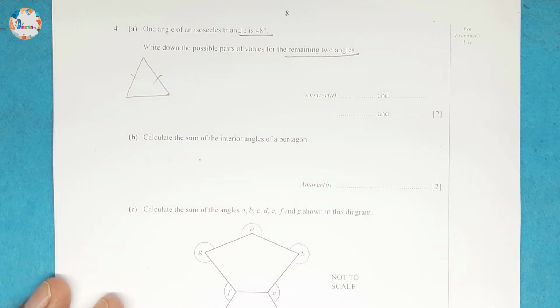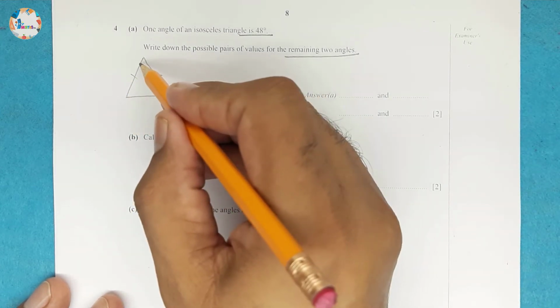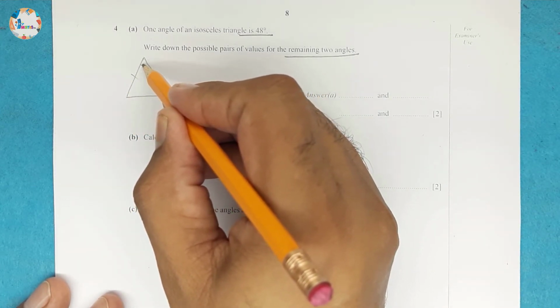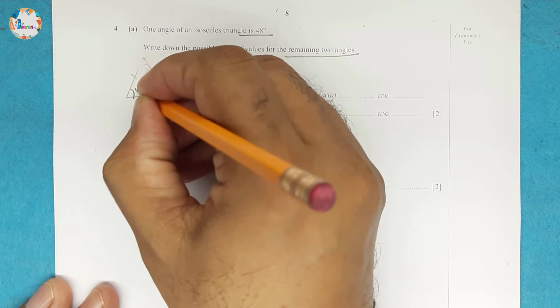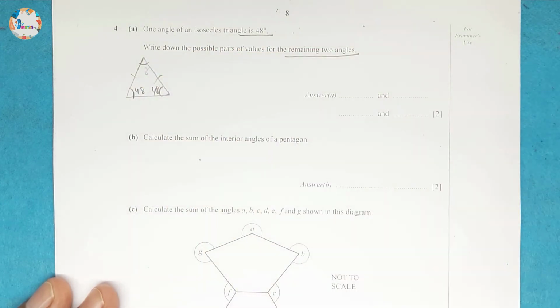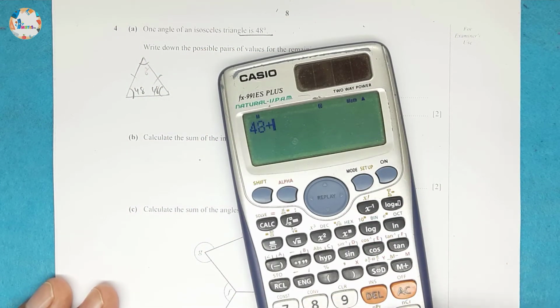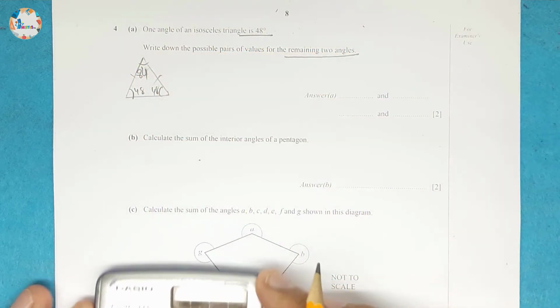So one is 48, and we can take this as 48 and this as 48. So the remaining angle we can check. 48 plus 48 will be equal to 96. So 180 minus 96 will be equal to 84. So the possible value will be 84.